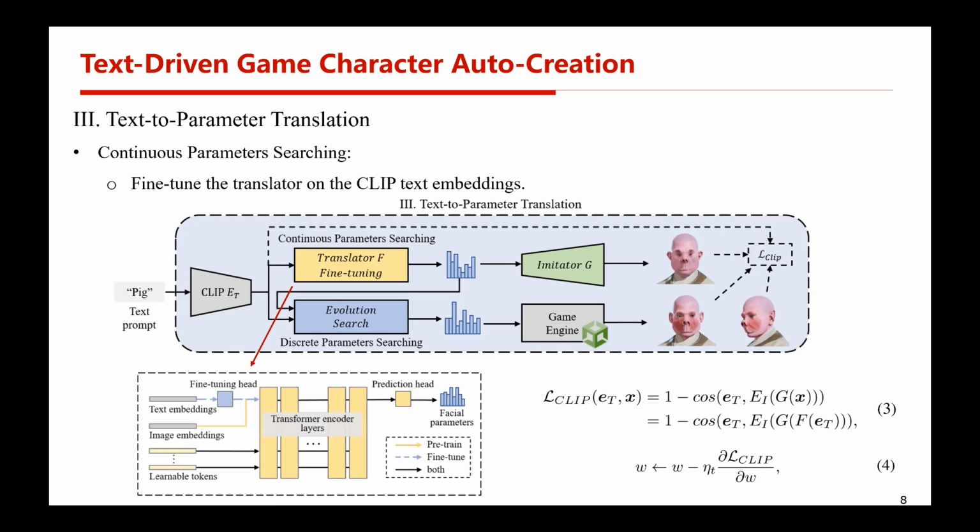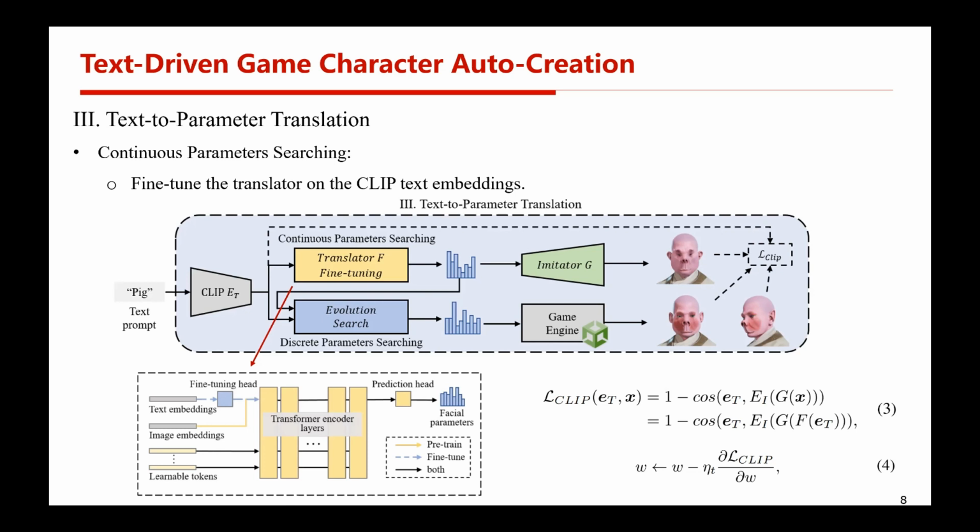Although CLIP is pre-trained to align the text and the image in an aligned latent space, there are still gaps between these two modalities. So we fine-tune the translator on the text embeddings of the input text prompt to predict better continuous parameters.